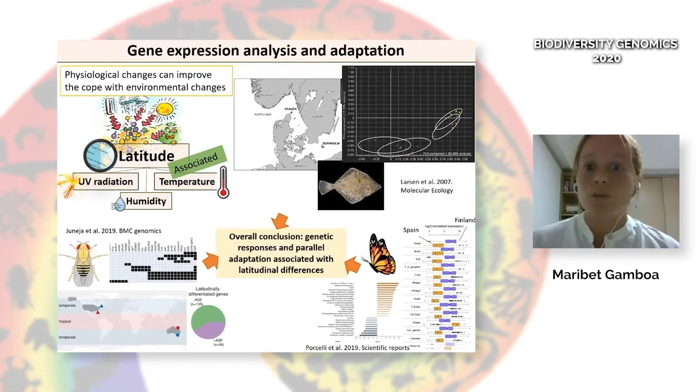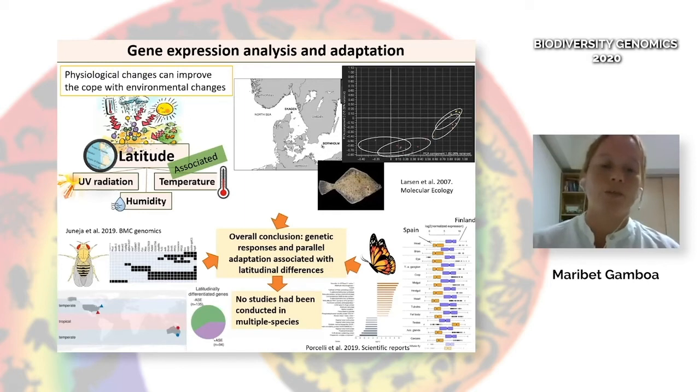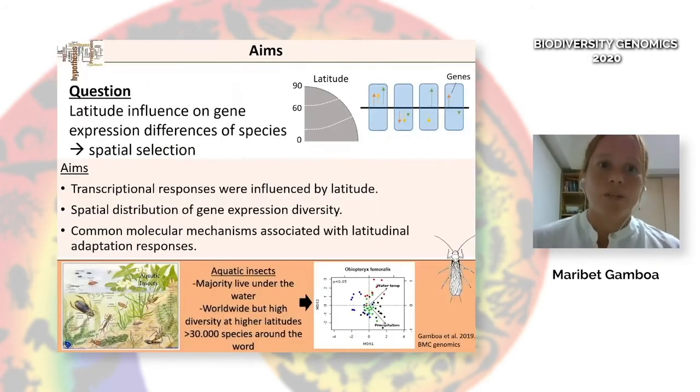And overall conclusions, genetic responses were associated with the latitudinal difference. However, multiple species studies have not been conducted, and this is one of my motivations. So I wanted to see the latitudinal influence on the gene expression difference of the species to observe a special selection.